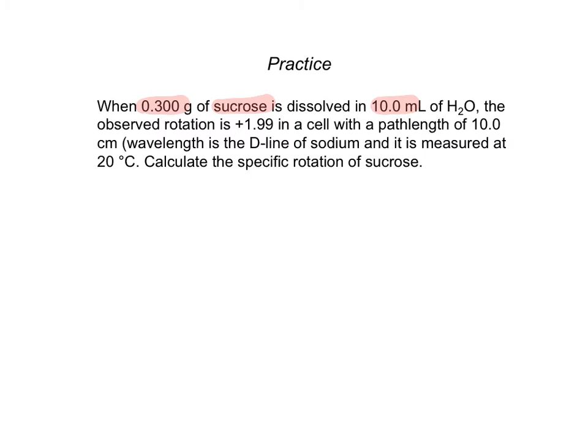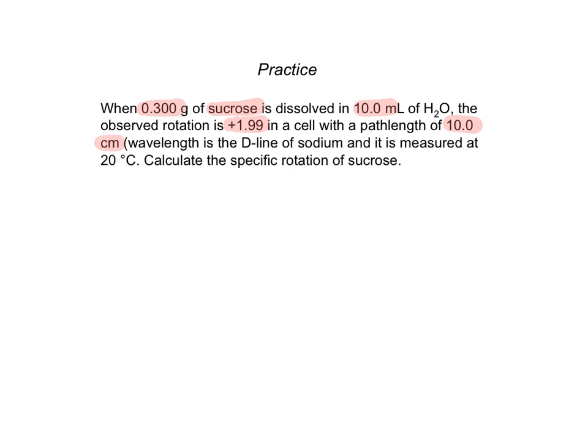It's dissolved in 10 mLs of water. We take it, we place it into our little polarimeter, okay? The path length of that polarimeter cell is 10 centimeters. And when we measure the rotation that comes out, the observed rotation, we get a positive 1.99, okay? So from this data, they want us to calculate the specific rotation of this enantiomer of sucrose.